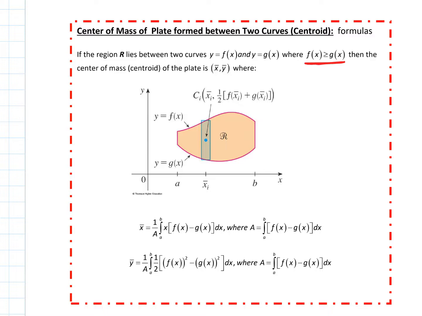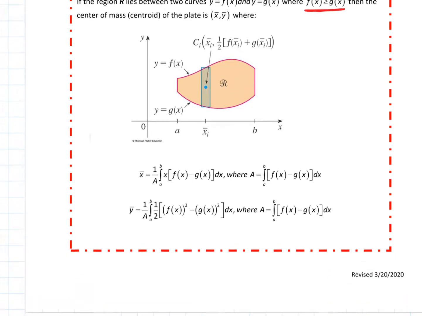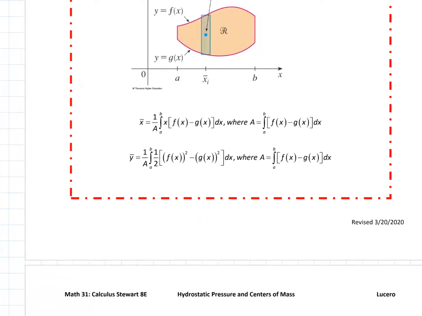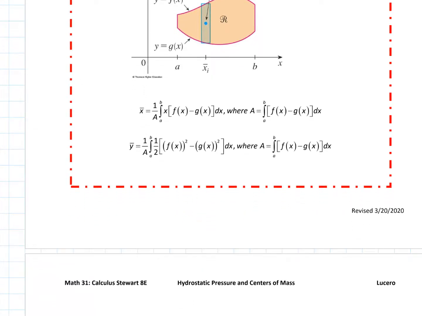Then what would be the centroid of this particular lamina? It's very similar. The rectangles this time have a bottom, so rather than going from f of x down to the x-axis, we've got f of x minus g of x as the height of each of those rectangles. And so we end up finding that these are our two formulas. So x bar is 1 over A times the integral of x times f of x minus g of x dx, and A is the area.